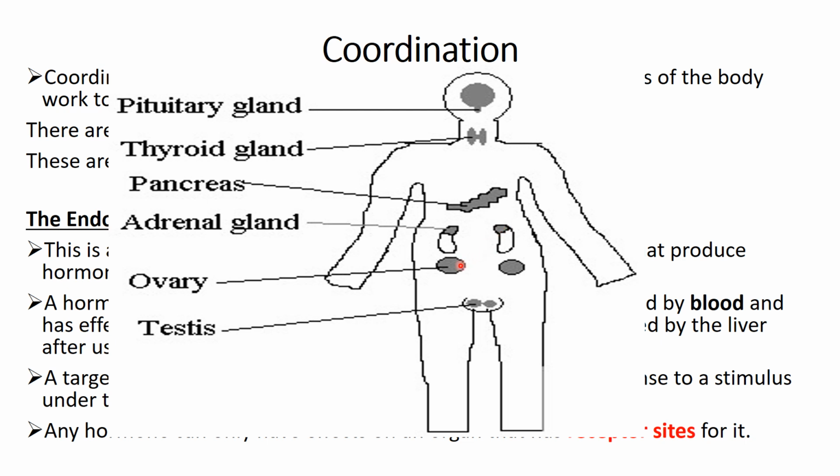Then in women we have ovaries, they're also glands. Then in men we have testes, which are also glands. So in this particular study, we're just going to look at the pituitary gland, thyroid gland, pancreas, and the adrenal gland. The ovary and the testes, we're going to deal with when we start studying reproduction.